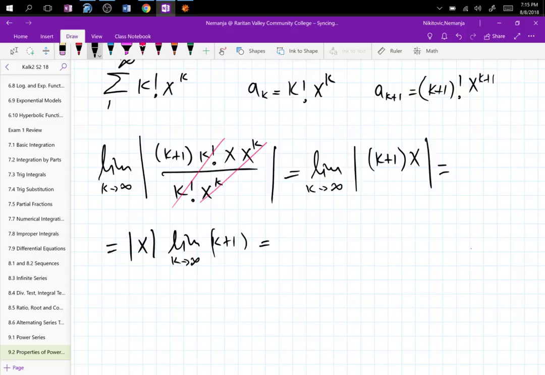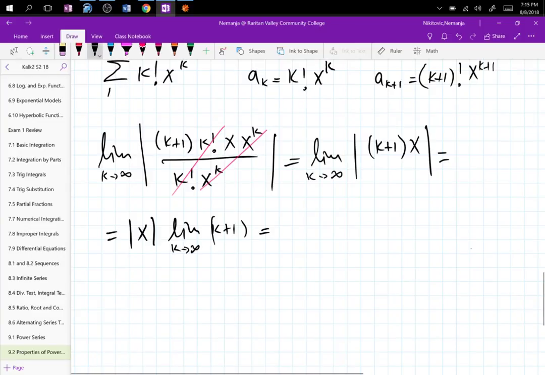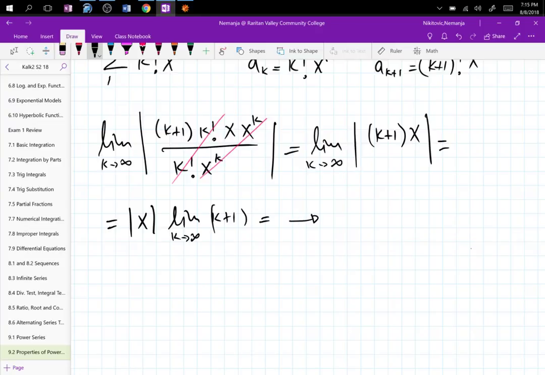You might be tempted to say infinity, but x could be 0, right? Which makes this converge. So now it converges at a single point. For x equals 0, it converges, and it diverges for all other values of x. So this is going to have two answers: infinity or 0. 0 is when x is equal to 0, and when x is not equal to 0, you have infinity, so you have divergence.